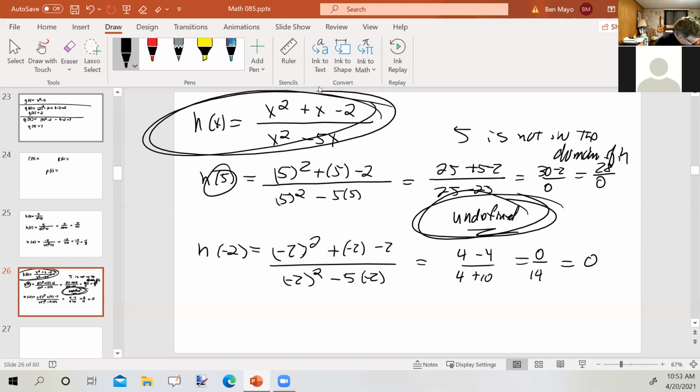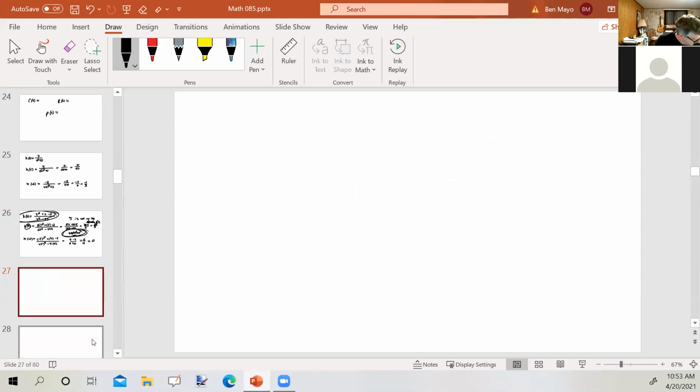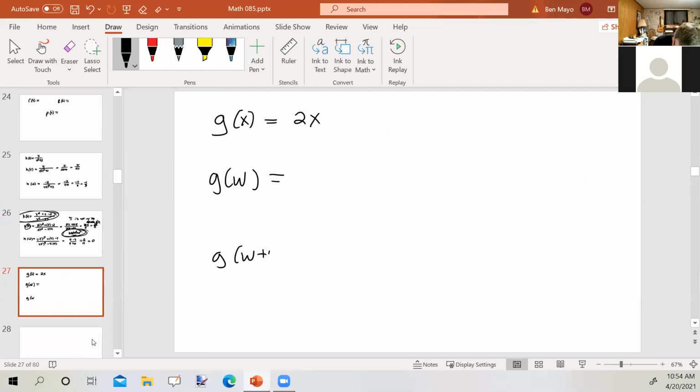Okay, let's see here. Now, we have the following function, g of x equals 2x. We are to find g of w and g of w plus 1.